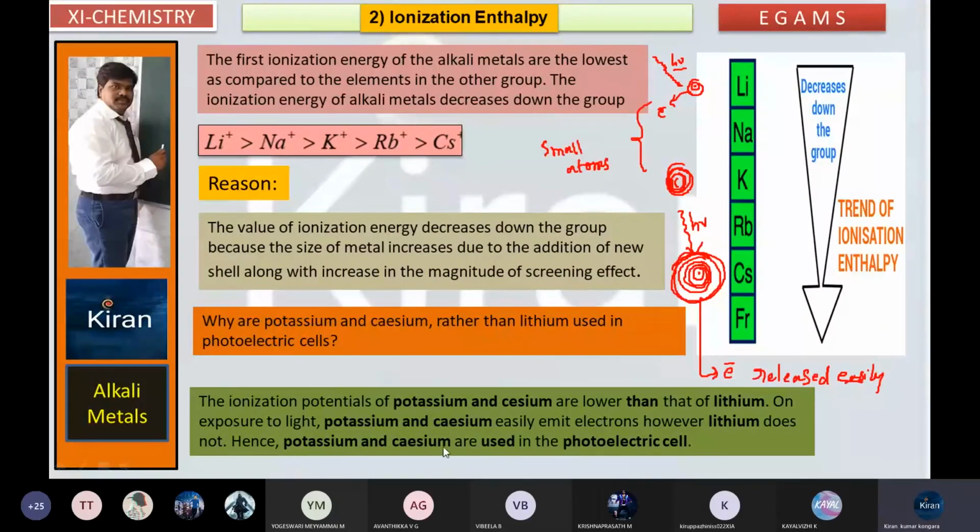Hence, potassium and cesium are used in photoelectric cells, because they release electrons easily compared with lithium.